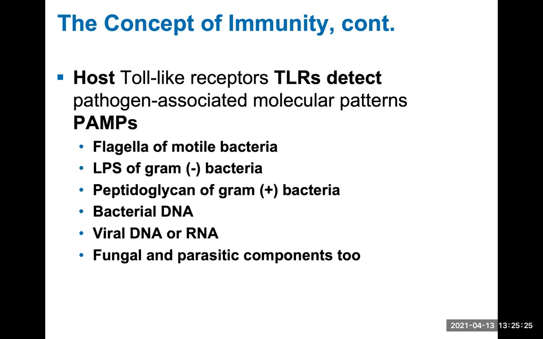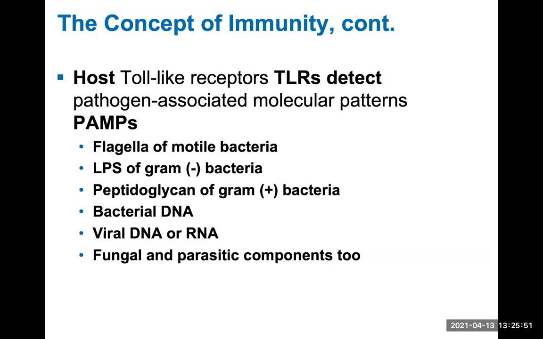So what triggers them? We call them PAMPs, P-A-M-P, and that stands for pathogen-associated molecular patterns. So the host, your body, has white blood cells like neutrophils, just the different phagocytic cells, and those cells have these special receptors called toll-like receptors.